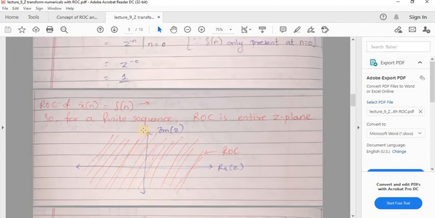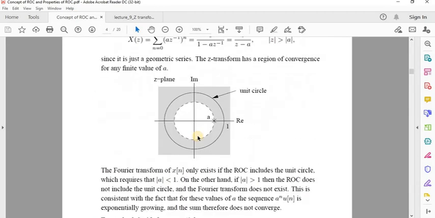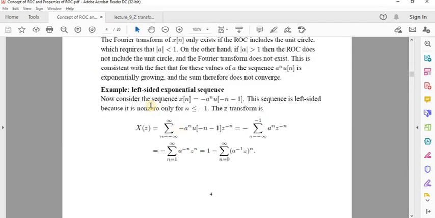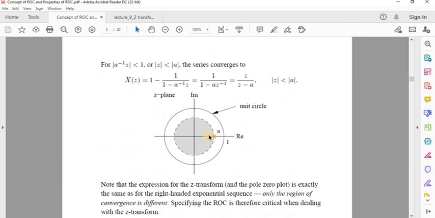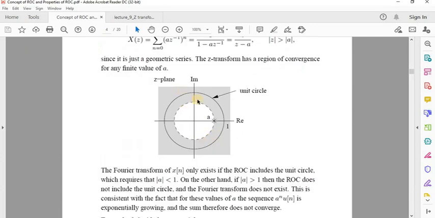So in conclusion, you can say that for a left-handed sequence, ROC is inside the pole or unit circle. For a right-handed sequence, ROC is outside the pole or unit circle.